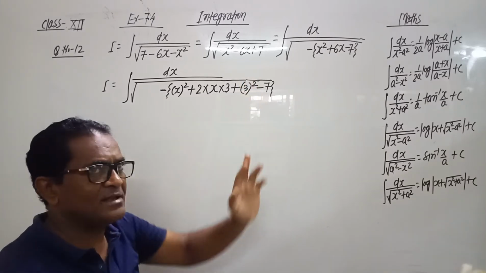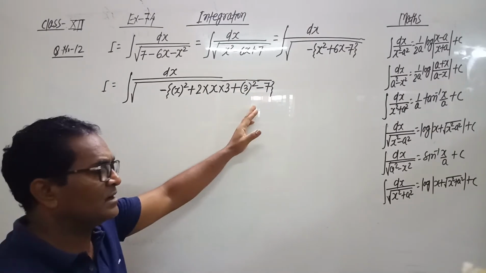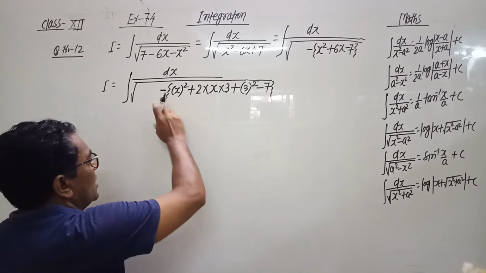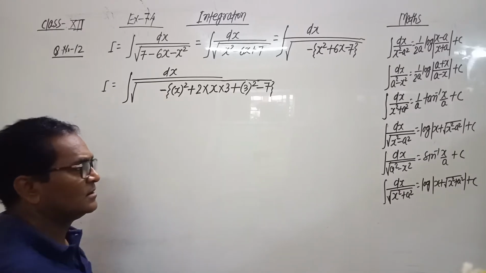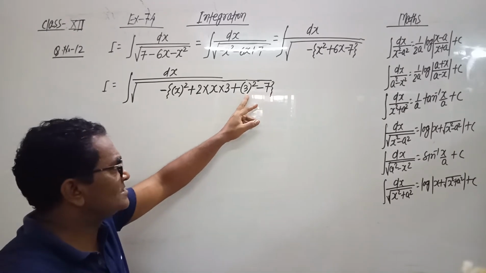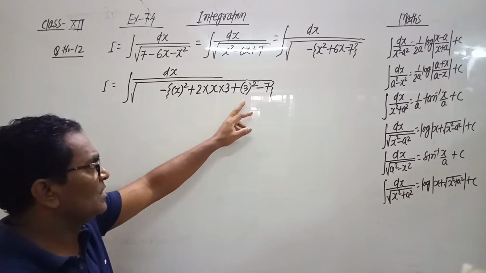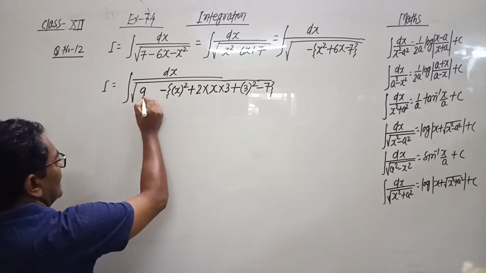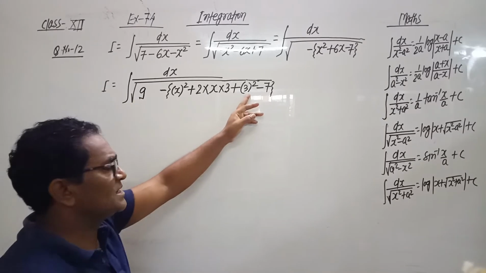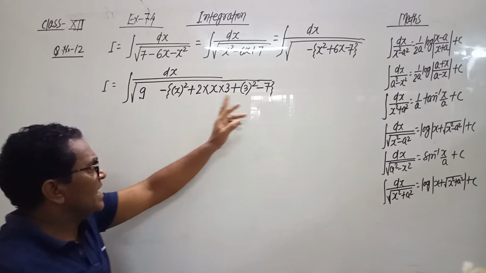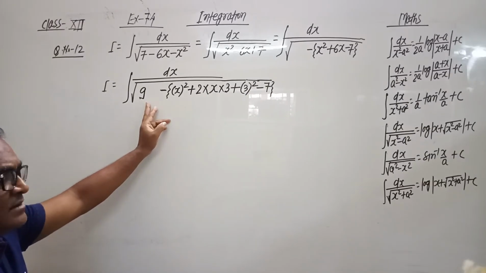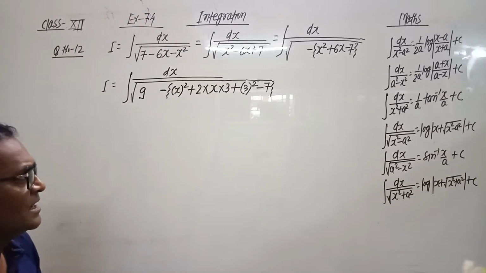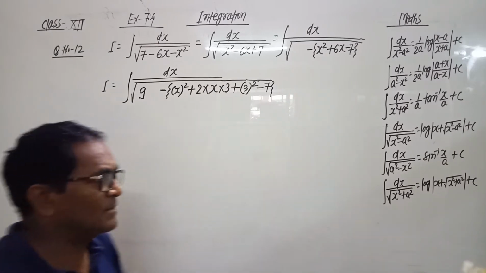So this is 3 the whole square, which means 9. And already there is a minus sign outside, so it is not plus 9 but exactly minus 9. To remove the minus 9, we have to add plus 9. When we add plus 9, plus 9 and minus 9 get cancelled and we get the same expression as above.